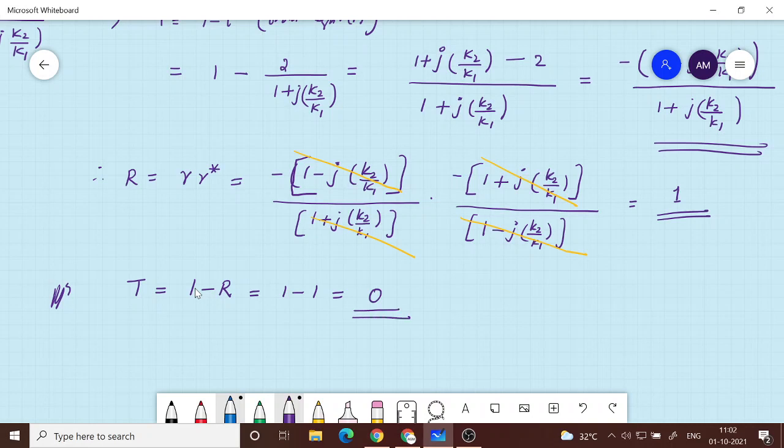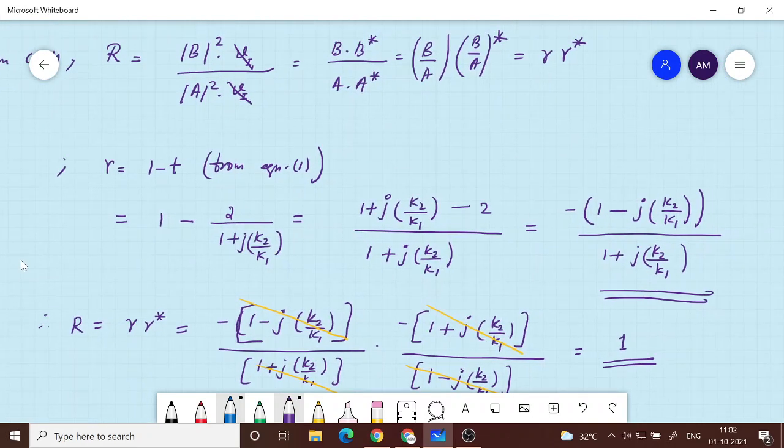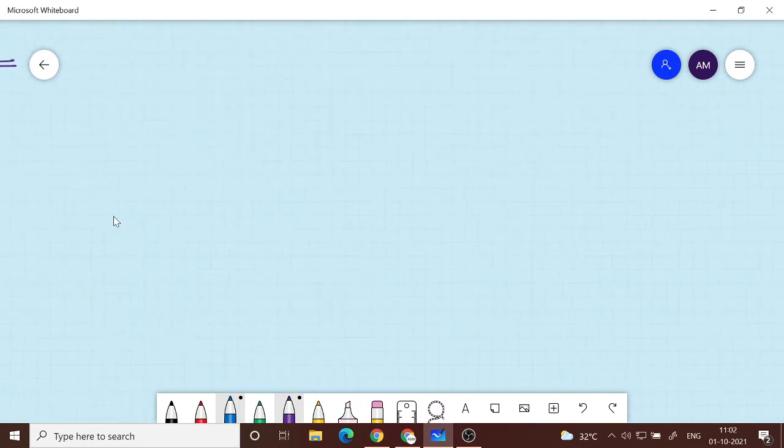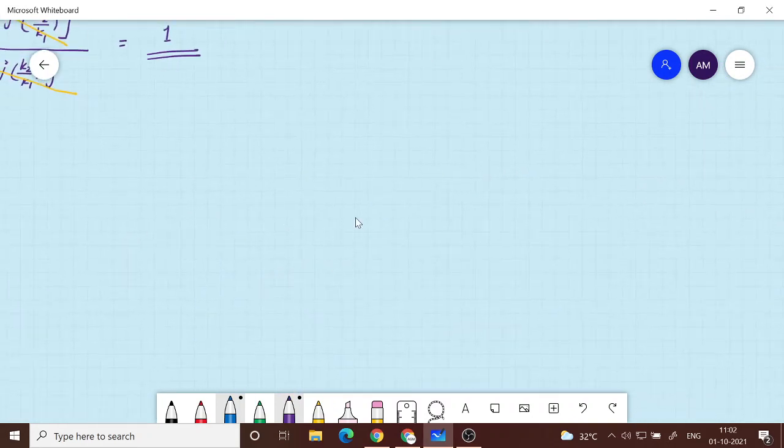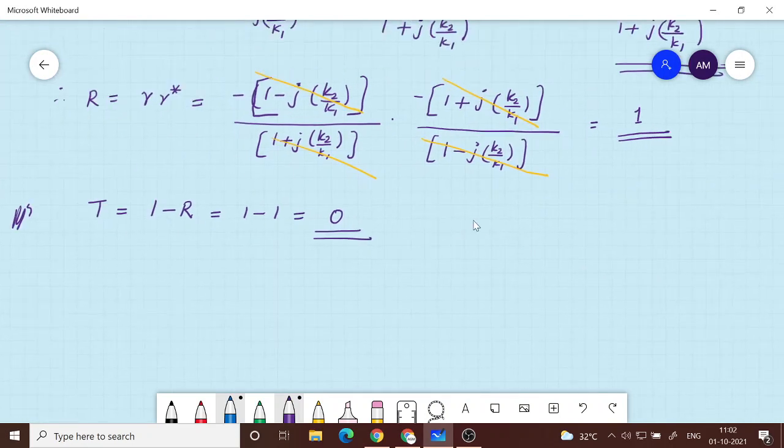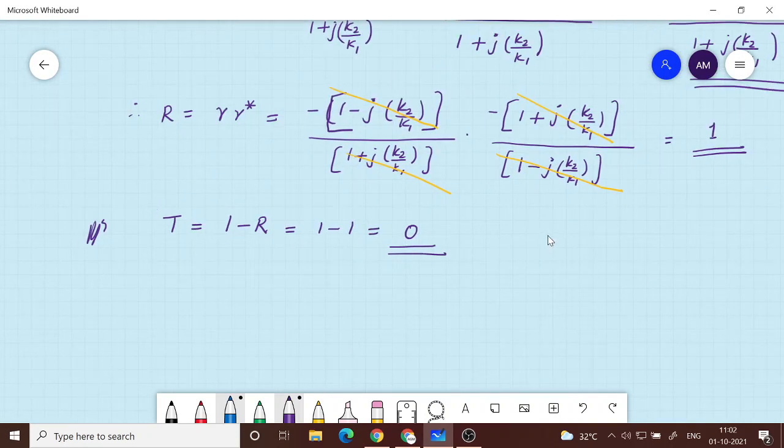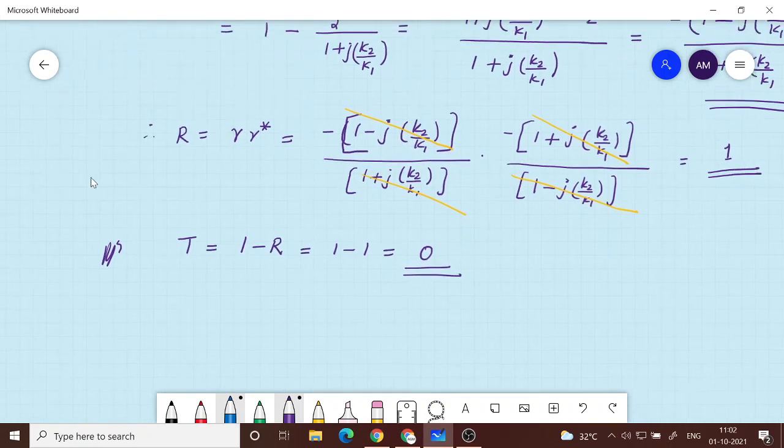So no particle is going to be transmitted. Everything which is coming and incident is going to be completely reflected. This is what we expect classically. If there is a barrier which cannot be overcome by the particle, if the energy is lesser than that, then it will bounce back. So quantum mechanics also says the same thing.